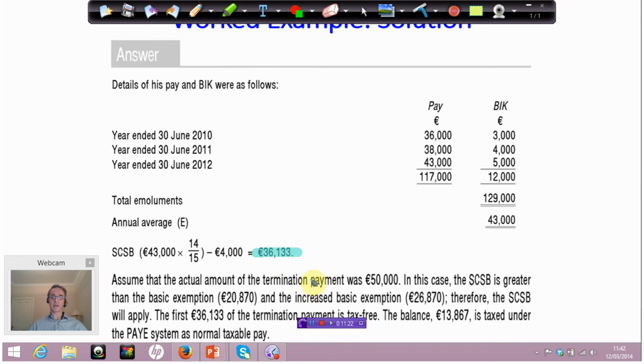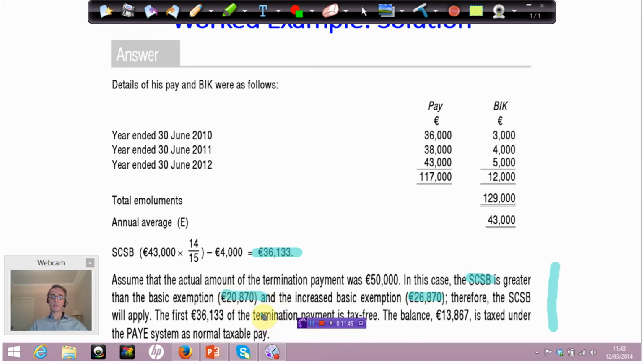So in essence, we've done our calculations, and this is the element that will be tax-free. As you'll see from the narrative below, in this instance they're assuming an amount of taxable termination payments of £50,000. We're seeing that the SCSB is greater than the basic exemption, and also greater than the increased basic exemption of 26,870.